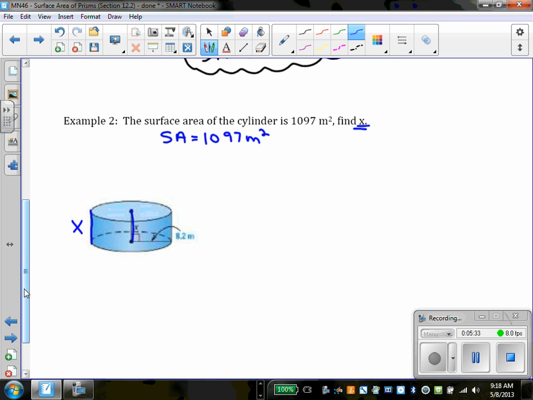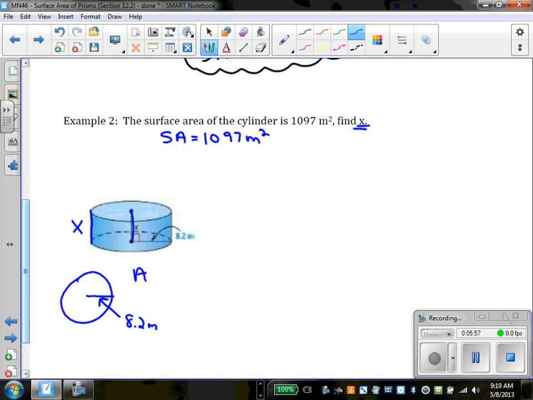So let's start at the beginning. We know again that we have a top and bottom base, and this one has a radius of 8.2. It's hard for me to read that. I hope it's 8.2. So let's find the area of that circle really quick. So 8.2 squared times pi.